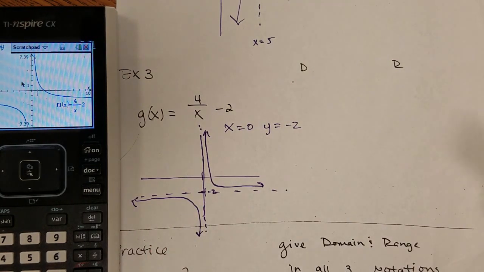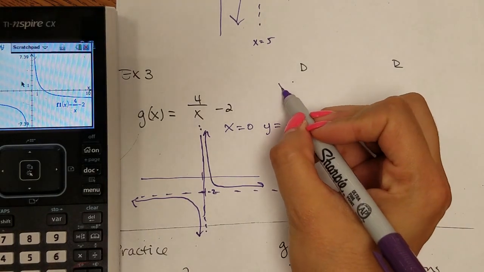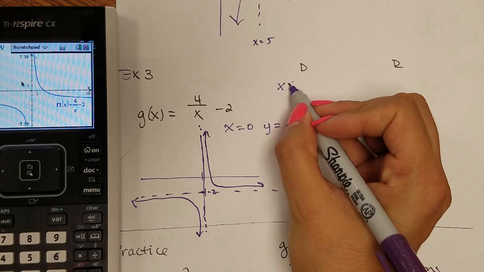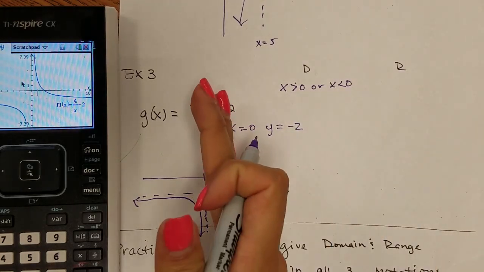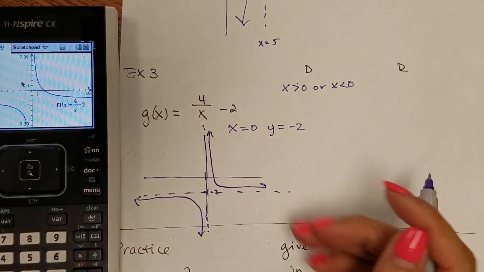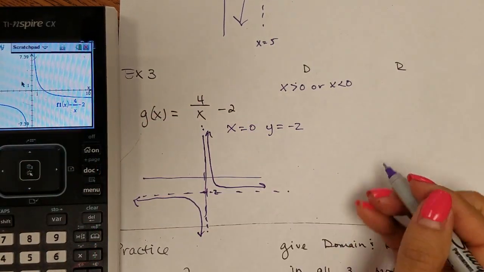Okay, so again for our domain, if we're writing it as an inequality, we know that x is going to be greater than 0 or x is going to be less than 0, right? Greater than 0, less than 0, because it's right here at x equals 0.